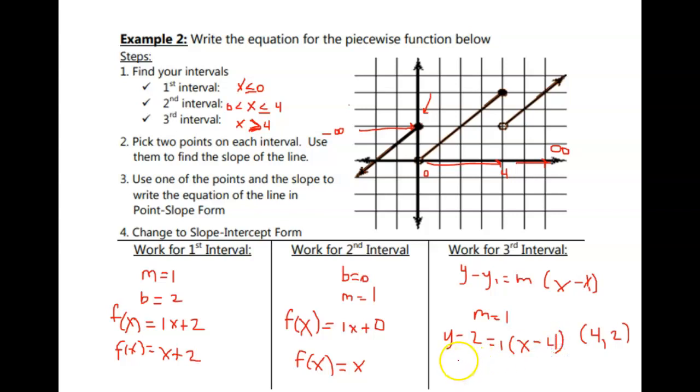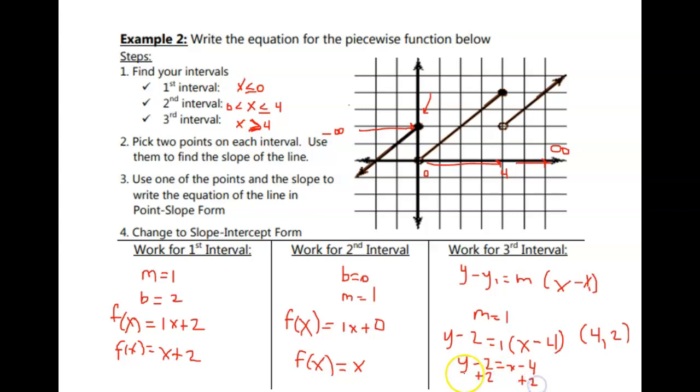And if I look at that, that simplifies to y minus 2 is equal to x minus 4. And I can put this in mx plus b form by just moving the 2 over, so I'll add 2 to both sides.